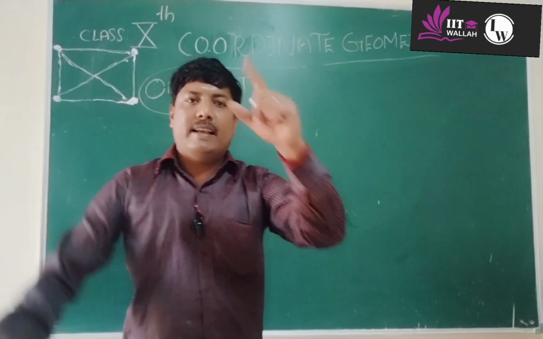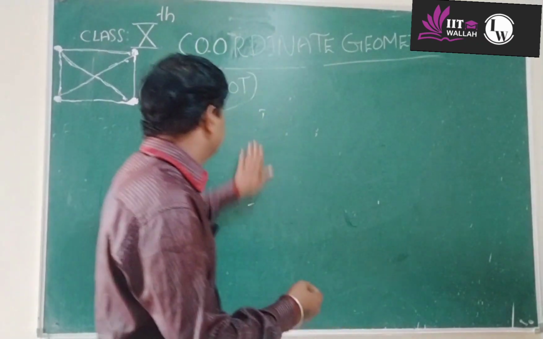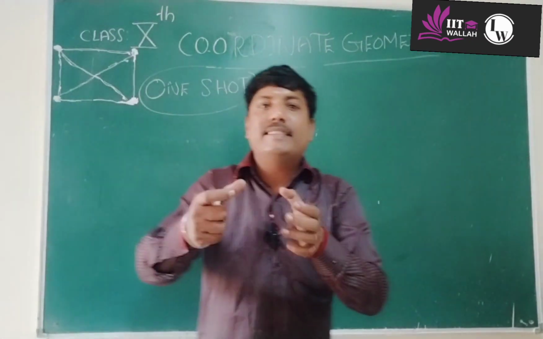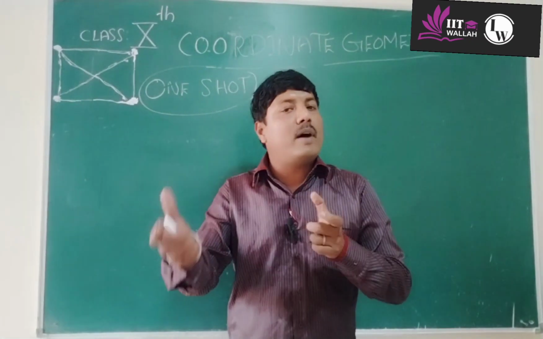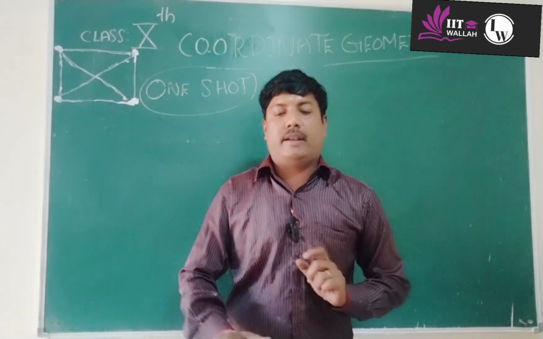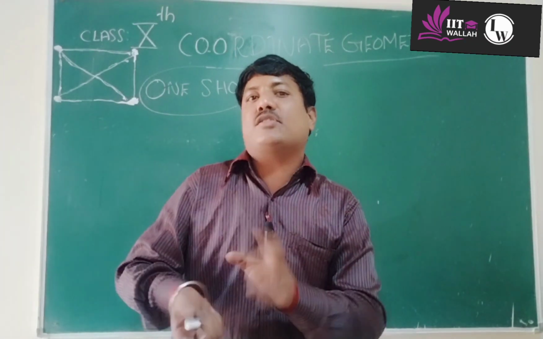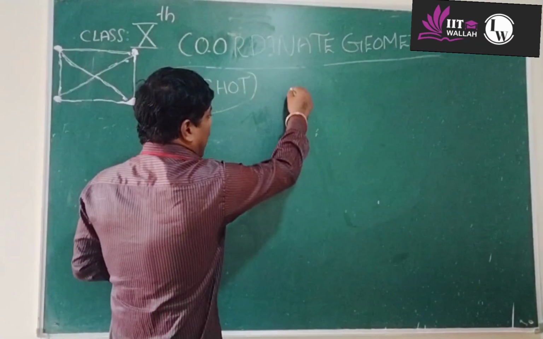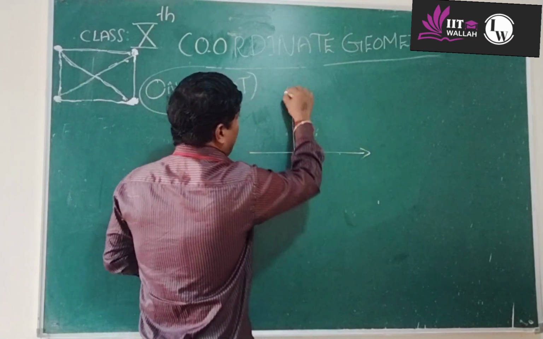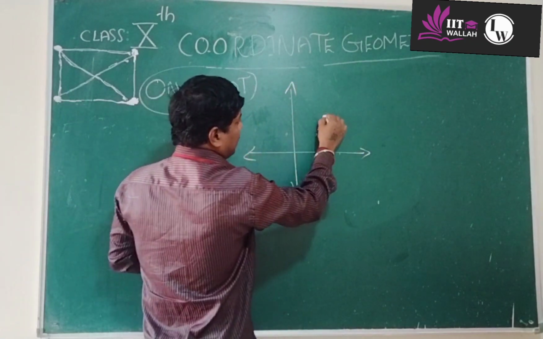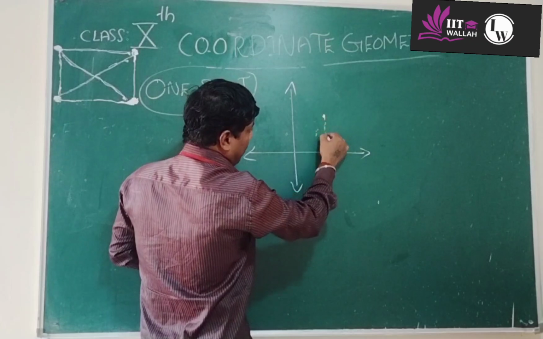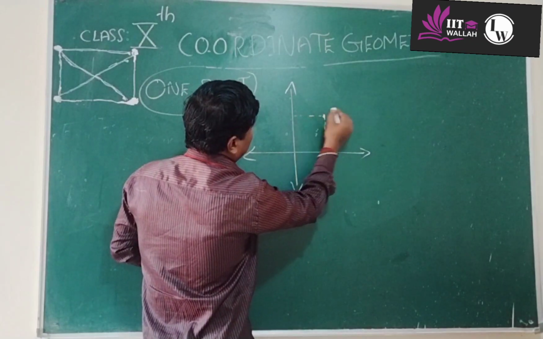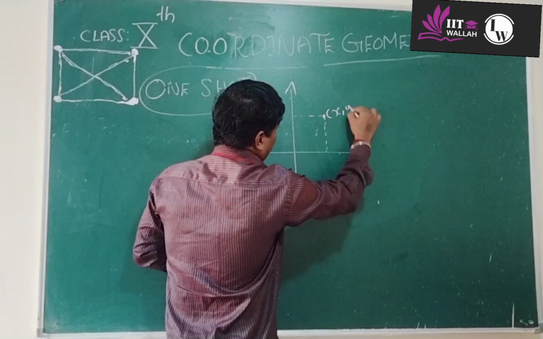The first thing is, in coordinate geometry, we are going to deal with the coordinates. That is why the name came, coordinate geometry. So we are going to deal with the coordinates of a point. Suppose this is a point, you drop a perpendicular here and here, you will get x and y.